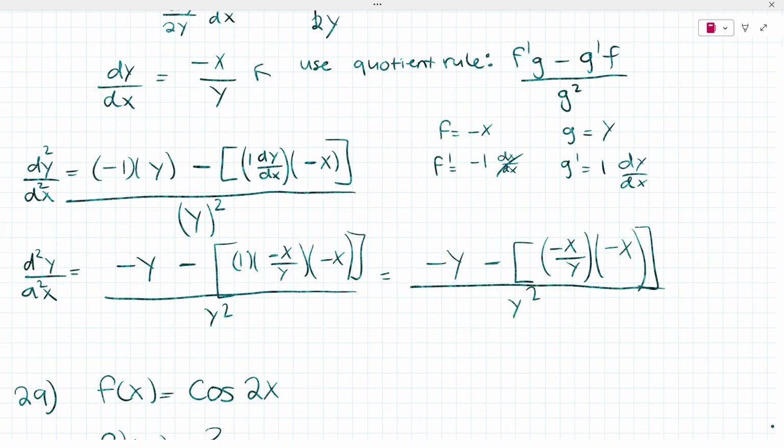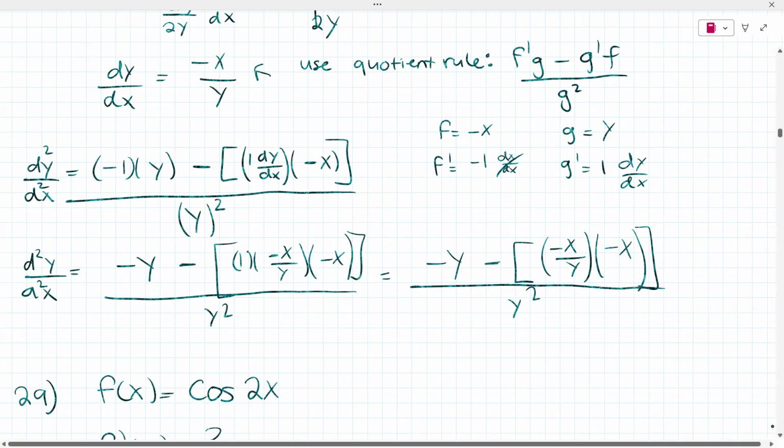You have a complex fraction over here. Negative times a negative, so that's going to be negative y minus, negative times a negative is positive, x squared over y, all over y squared. So yeah, we have a complex fraction. Let's simplify the numerator.